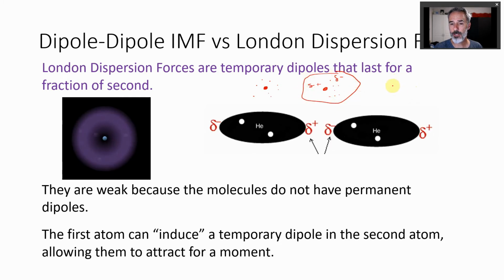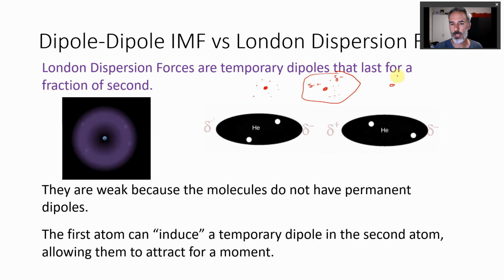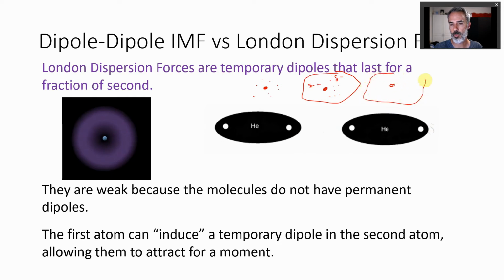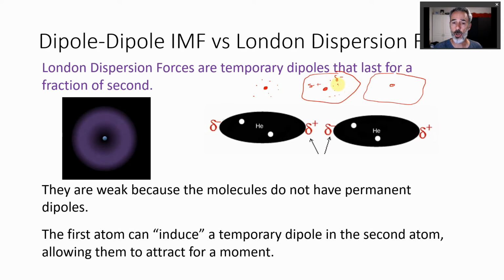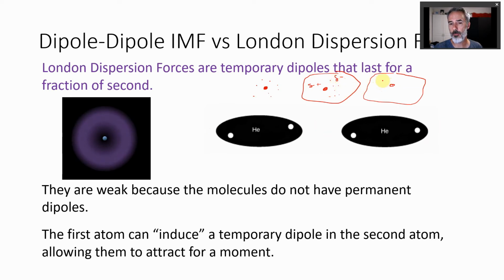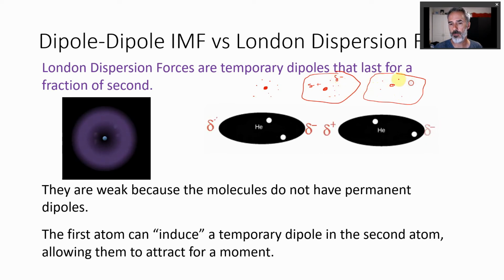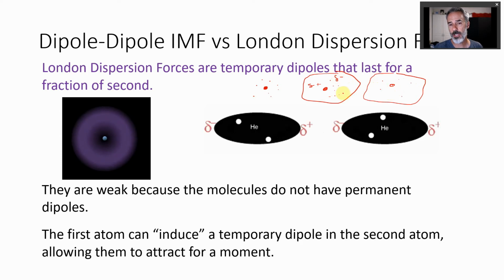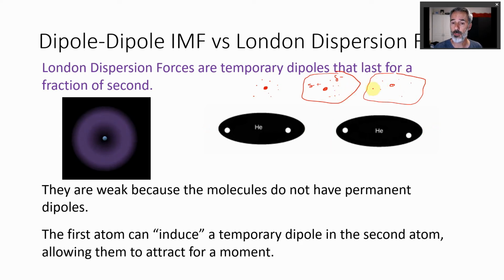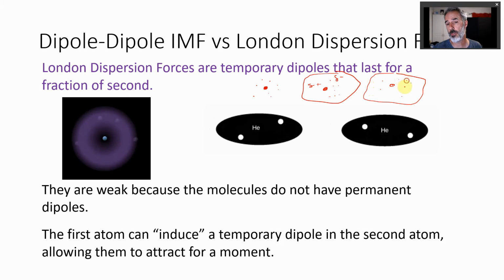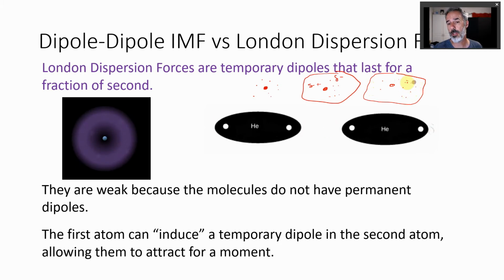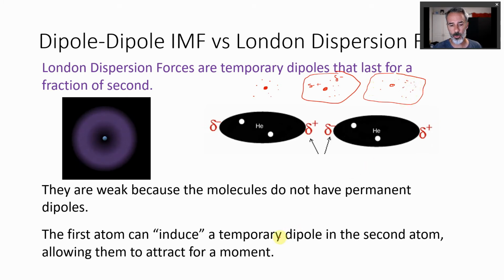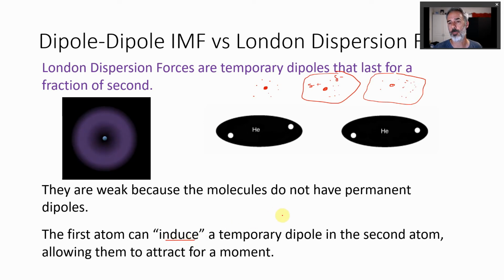Now, the one next to it, you might think, does it randomly have to be set up so that it can be attracted to this one over here? And the answer is no. The fact that this one is negative, you can imagine if its electrons are initially evenly distributed, the negative side over here is going to repel these electrons and push them to the other side, so that they end up over here. And that's what we refer to as an induced dipole.